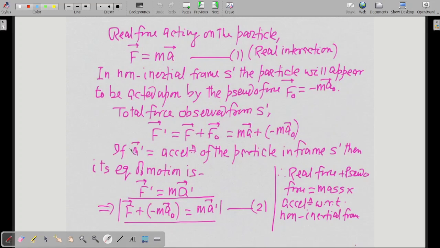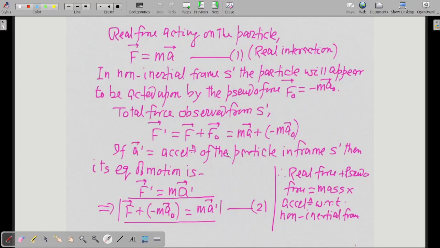Okay, if a prime equals the acceleration of the particle in frame S prime, so if a prime is the acceleration which is observed from the frame S prime, then what will be the equation of motion? This particular resultant force F prime can be shown as ma prime, right?